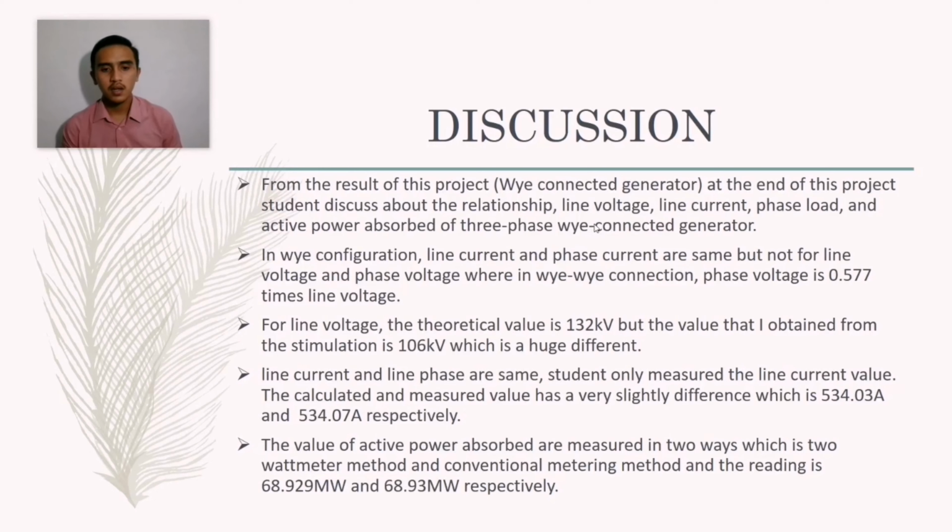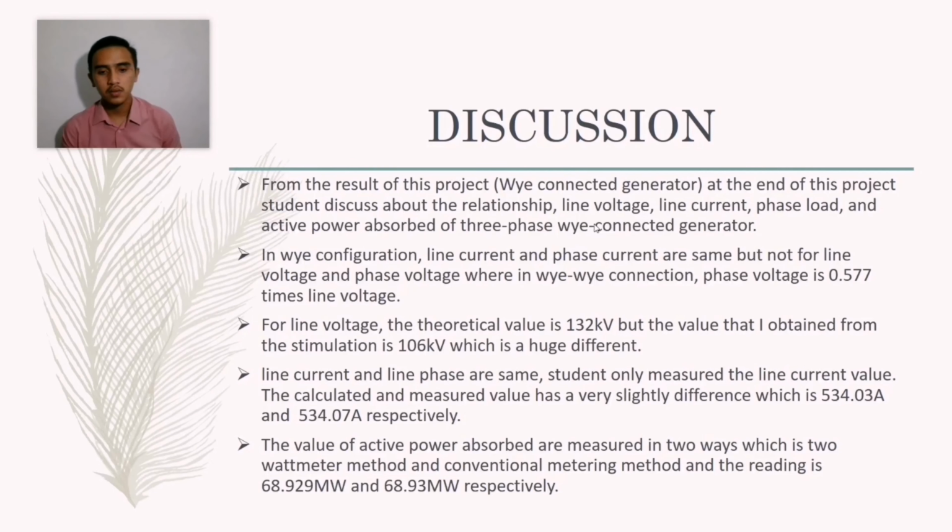So line current and phase current are the same. Students only measured the line current value. The calculated and measured values have a very slight difference, which is 534.03 ampere and 534.07 ampere respectively.